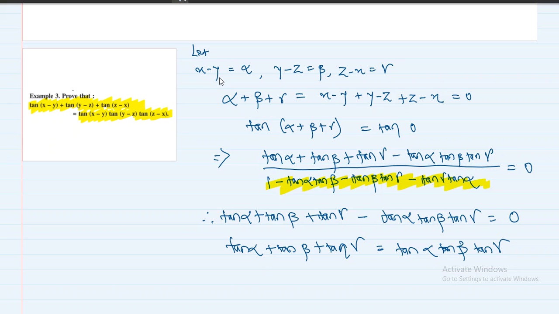We just put the values of alpha, beta and gamma in this equation and we get our required solution. LHS is equal to RHS. How was that? Easy, right?